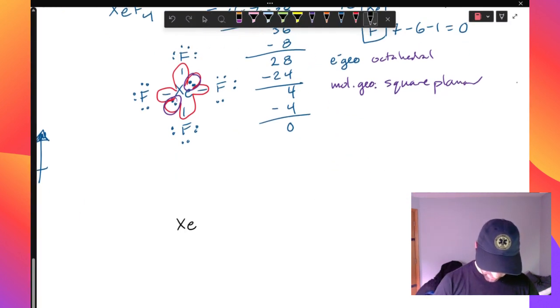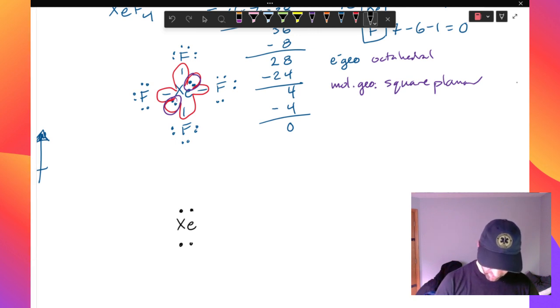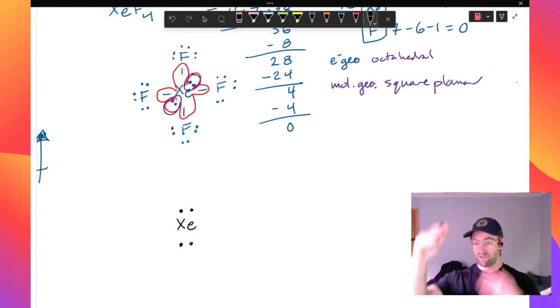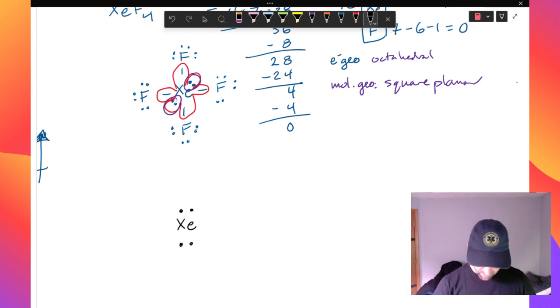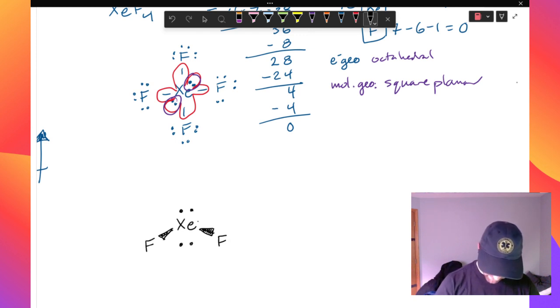So to draw this, I think it is worthwhile to do this. We have our xenon in the middle. I'm going to say we have our lone pairs on the plane of the paper above and below that molecule. Then we have, coming out of the plane of the paper towards us and at an angle, two fluorines. And then we have going into the plane of the paper and away from us, four fluorines.